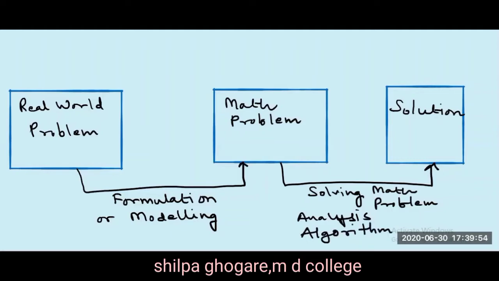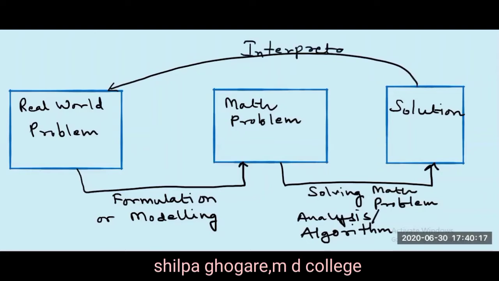What is an algorithm? They are the steps written one after the other. You are following those steps, and then following the steps you solve the mathematical problem and you get the solution. And then from this solution you go back to the real world problem by interpretation. So this cycle is there.